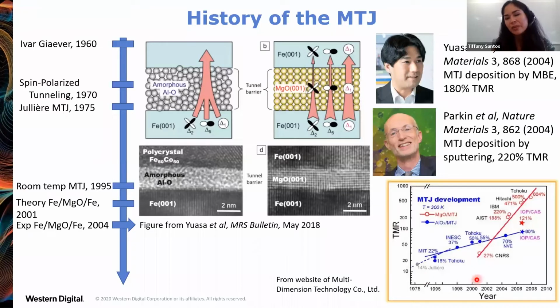So over time, as the quality of making the MgO tunnel barriers and iron-based electrodes progressed, the TMR values got higher and higher until today you can see upwards of 600% at room temperature for MgO tunnel barriers. And this is compared to what you can see with amorphous aluminum oxide tunnel barriers. The best values are around 80%.